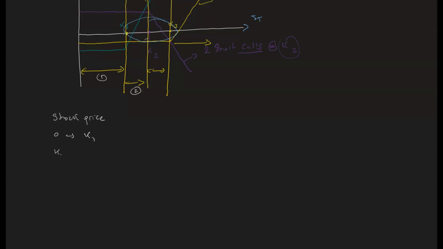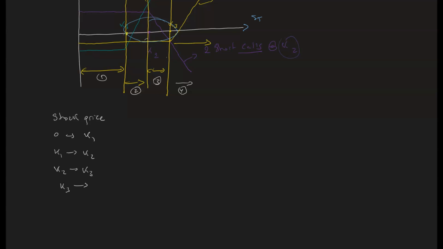The third window is between K2 and K3. And the last window is above K3. So that's going to be 3 and this is going to be 4. So K3 up. Now, we essentially have four positions: two long, two short. But the two shorts are identical, so we can treat them as just one.